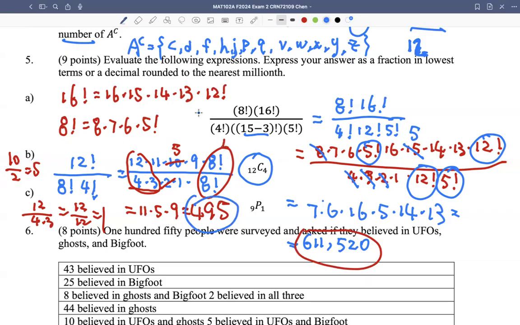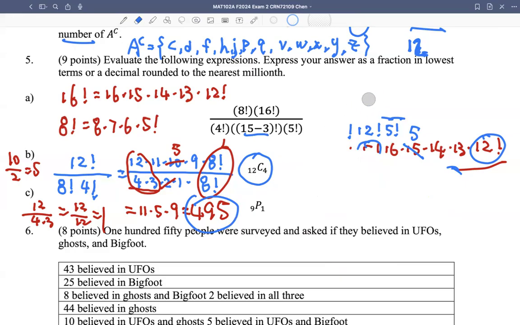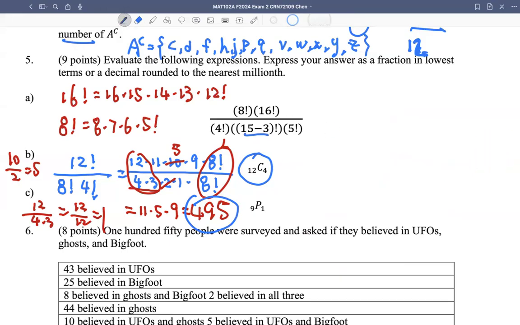For C, we need to calculate the permutation. I need to erase this. We want to find out of 9, permute 1 element. Out of 9 elements or 9 things, we permute 1. So how many ways of doing that? That's 9 factorial divided by 9 minus 1 factorial.